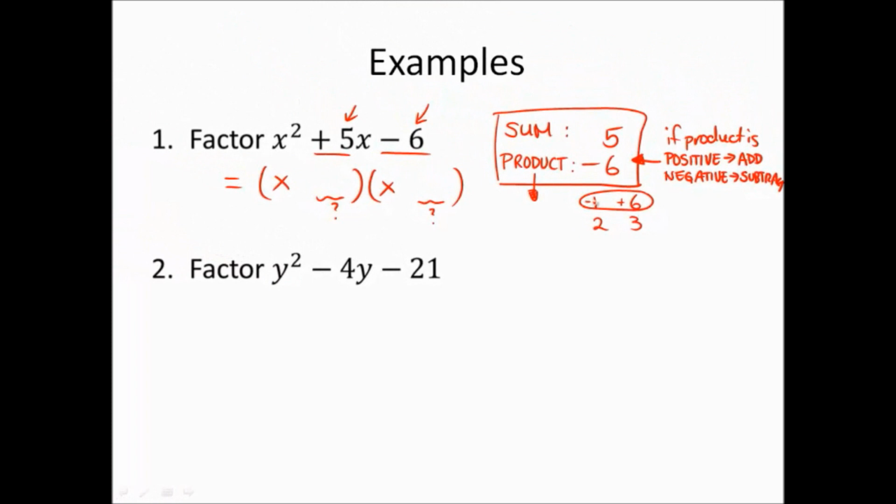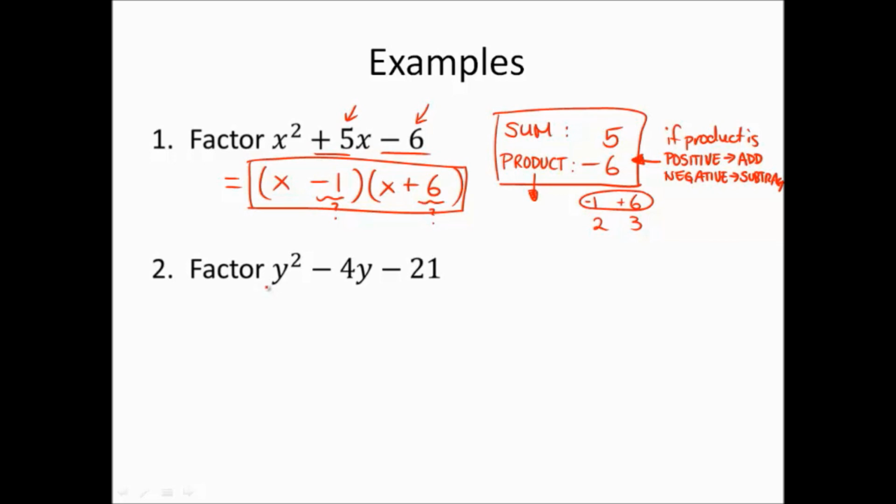You can check. Negative 1 times positive 6 gives us negative 6, and negative 1 plus 6 gives us 5. And that's how you find your numbers. Notice you can order them in any way. You could have the positive 6 and the negative 1 in the other places, and that would also be fine.